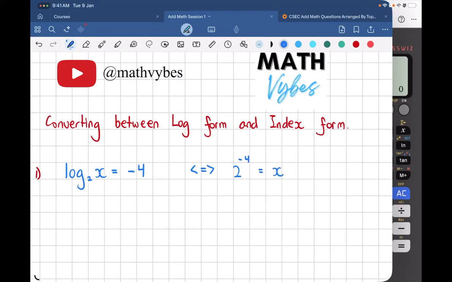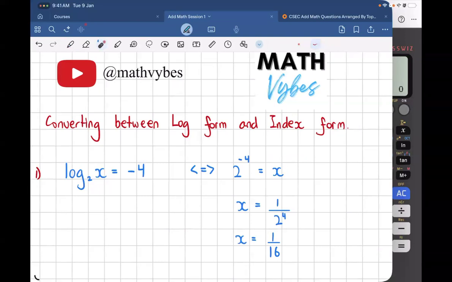Tell me, Shay. So if 2 is the base and -4 is the power, then x will be the argument. Could I find x easily like this? Yes, sir. X is 2 to the power -4. What is 2 to the power -4 equal to? 2 to the power -4 is the same thing as 1 over 2 to the power 4, which is 1/16.